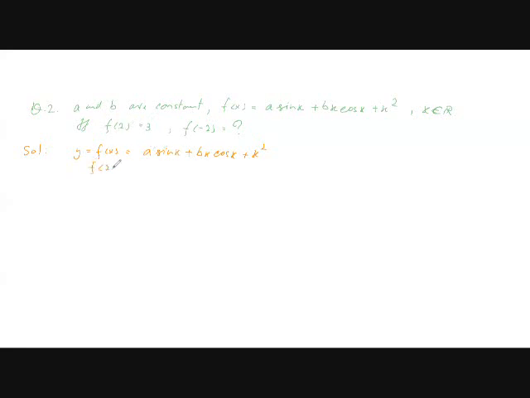That means f of 2 becomes a sine 2 plus b times 2 cosine 2 plus 2 squared, right? Equal to 3.